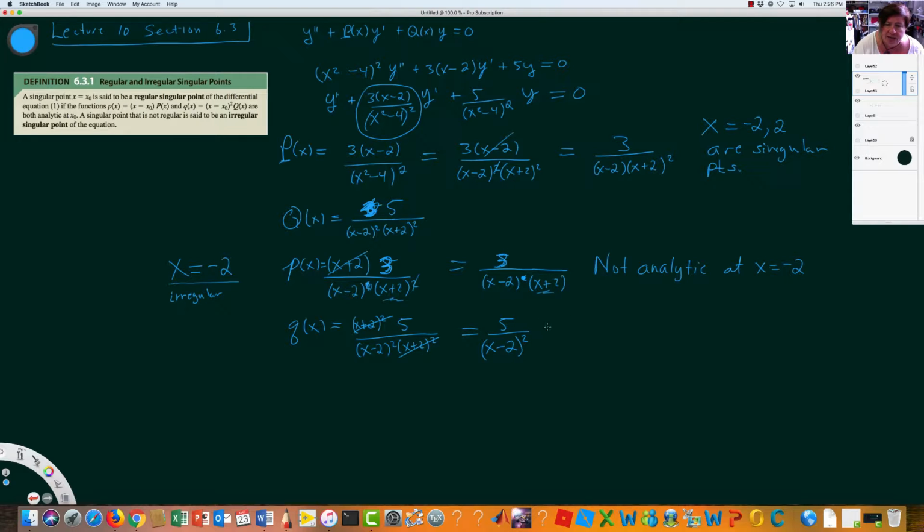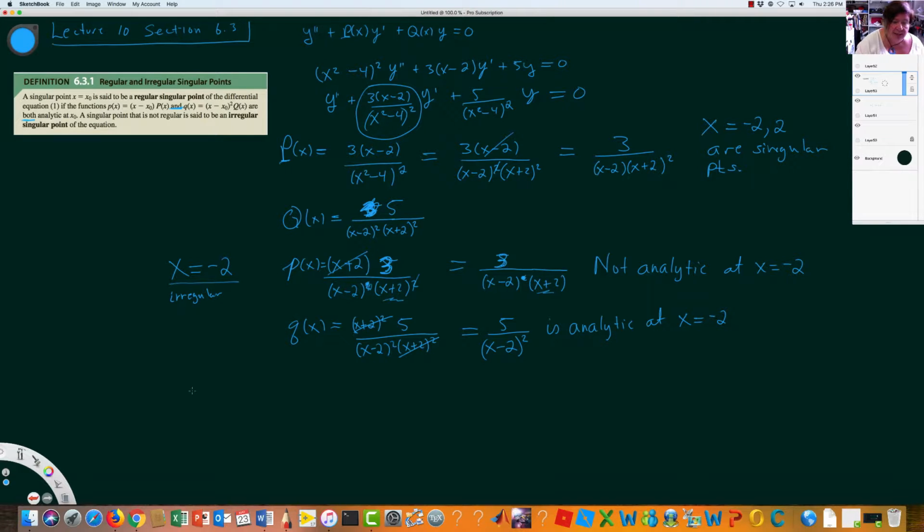So this guy is analytic at x equal -2, but since little p failed, the point is an irregular singularity. Okay, they both have to pass, because it says "and both."